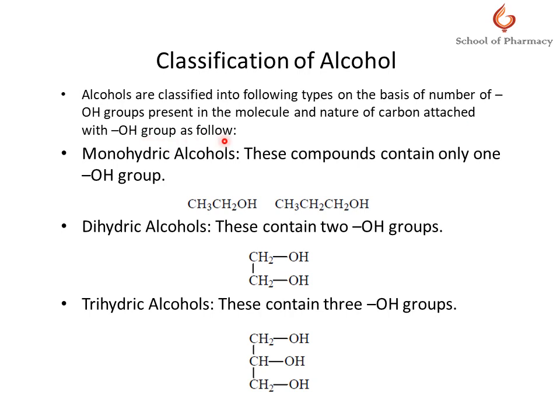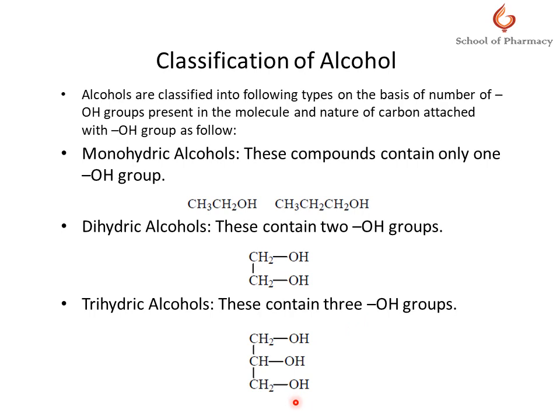If there is one OH attached to a carbon, this is known as monohydric. If there are two hydroxyl groups attached to adjacent carbons, this is known as dihydric alcohol. Trihydric alcohols contain three OH groups, like 1, 2 and 3.